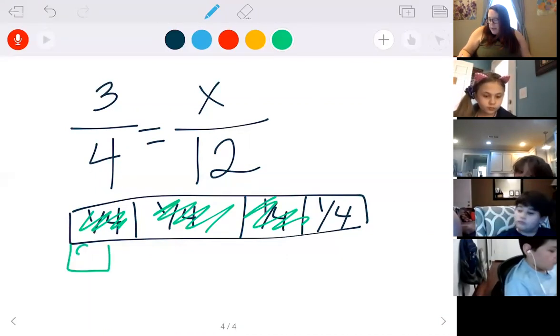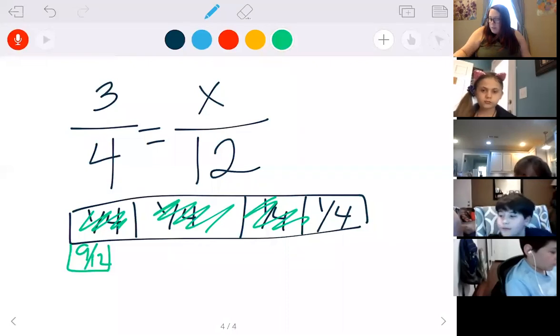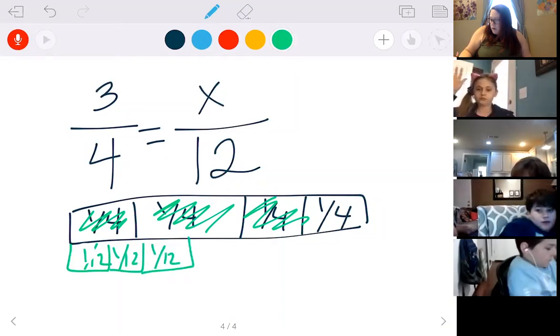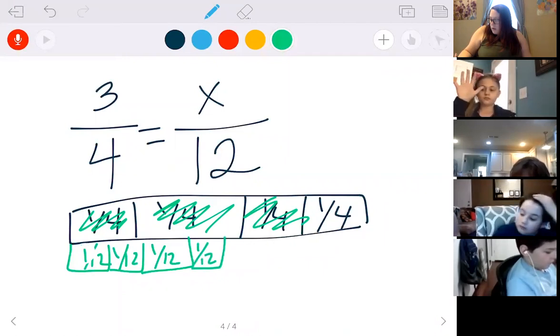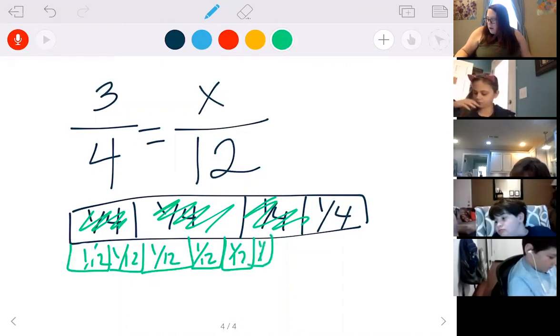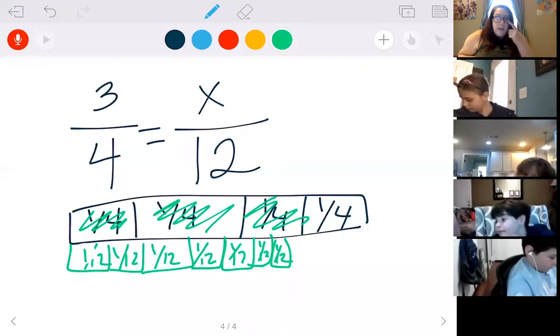So that means that 9, oops, sorry, there should be a 1. 9 of these 12s can fit here. Finish right here. And mine are not to scale. So that's not completely 9 of them, but that means that 3/4 is 9 of the 12s.